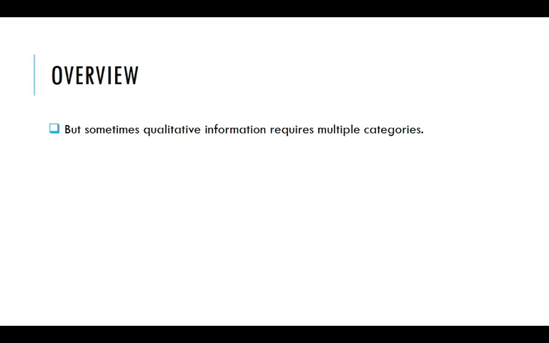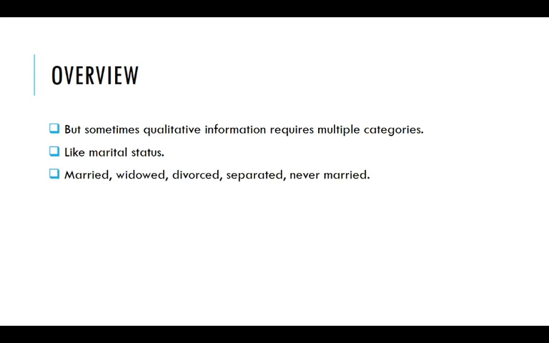But sometimes qualitative information requires multiple categories. And so one of the examples that we've already introduced of qualitative information that probably can't be summarized in simply two states is marital status. Now, yes, we looked at the example married, yes or no, in our last lecture. But if we really wanted to accurately capture marital status, we probably want married, widowed, divorced, separated, and single, never married.